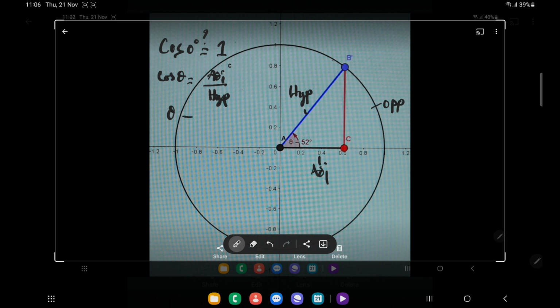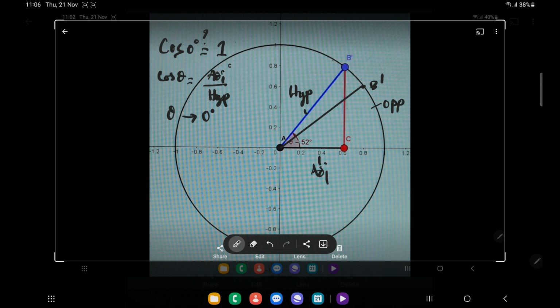Upon theta becoming smaller and smaller and becoming 0, we already know that the opposite side vanishes, and we will see that the adjacent side will be equal to the hypotenuse. Say B dash has moved to this point, meaning theta has decreased.